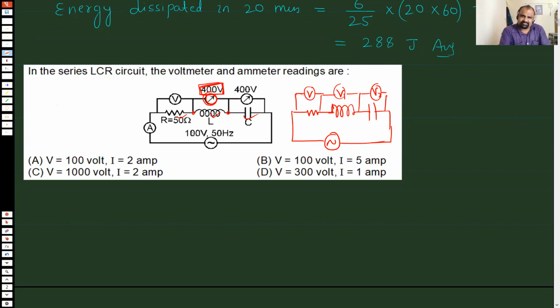One more thing I would like to tell you, even though it is not of much importance: the ammeter and voltmeter for an AC circuit are very different from the DC circuit.